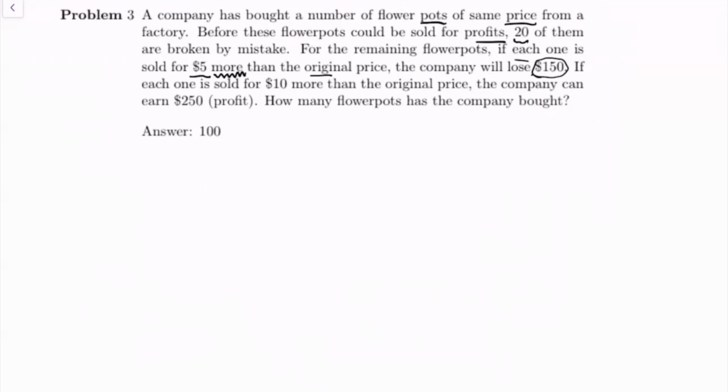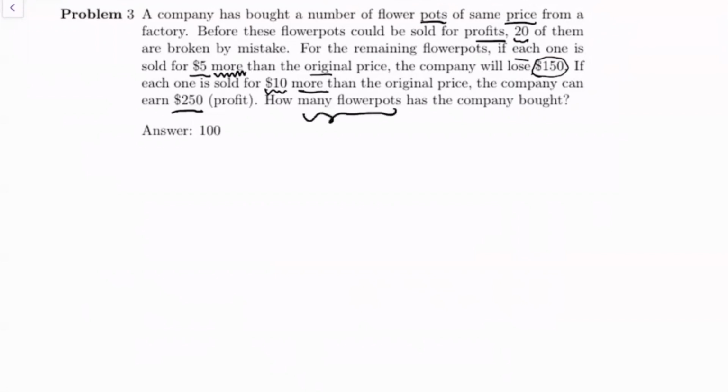When I say lose, it means compared to the cost spent on buying all those flower pots, it lost $150. If each one is sold for $10 more than the original price, the company can earn $250. That means the revenue will be $250 more than the cost spent on buying those flower pots. The question is, how many flower pots has the company bought?